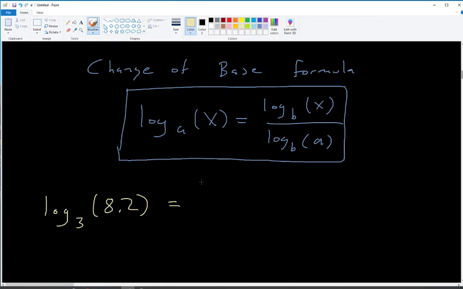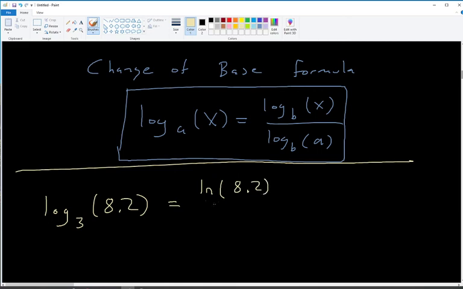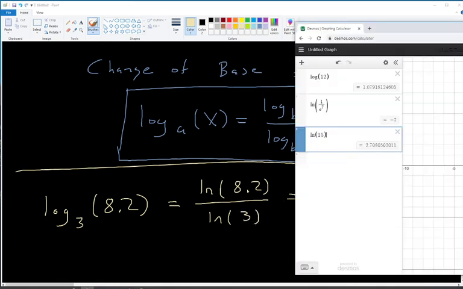which your calculator does have, a natural log. So by the change of base formula, if I'm trying to evaluate what is log base 3 of 8.2, I can convert it to natural log of the top part divided by natural log of the old base. And now I do have a natural log button, so I am able to type that into my calculator.